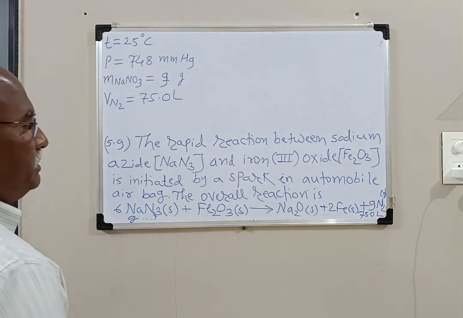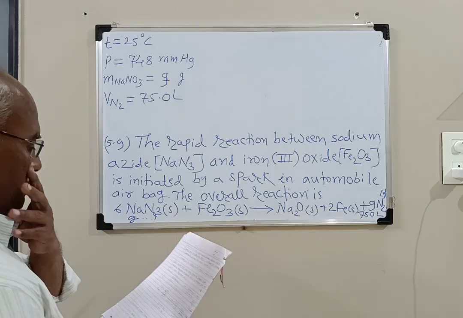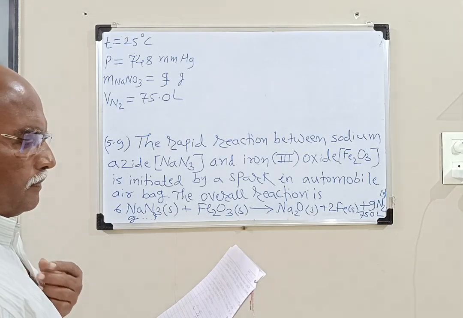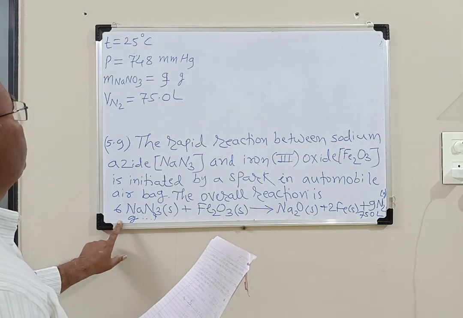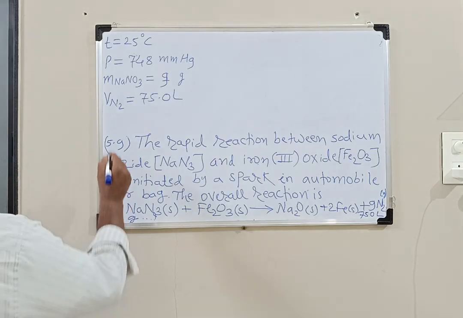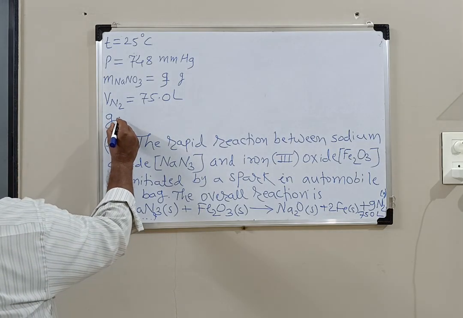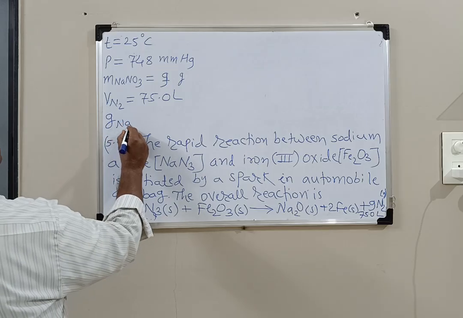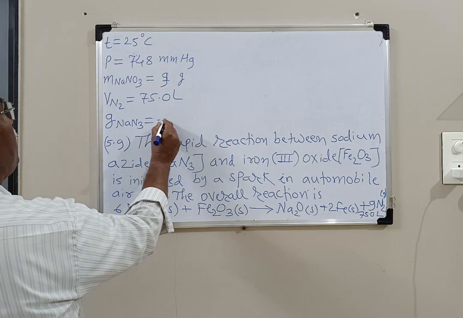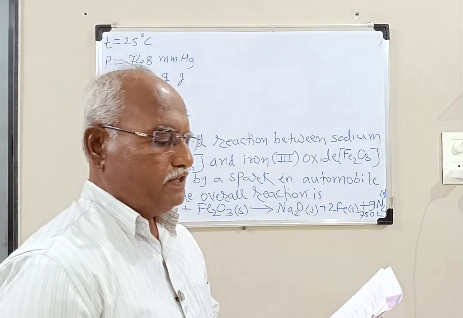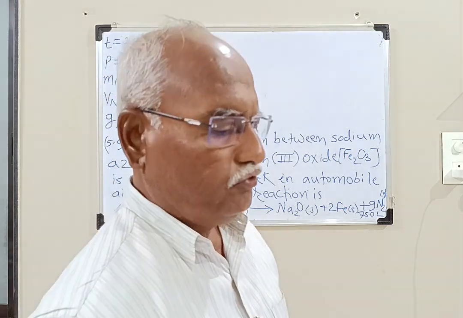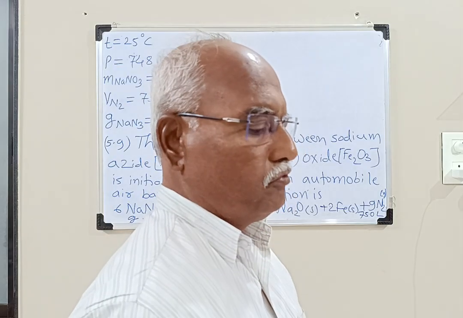What we have to calculate? How many grams, grams of NaN3, grams of sodium azide. We want to calculate this. I think the problem will be clear and the values are correct. By assuming whatever is written is correct, I am going to solve this problem.